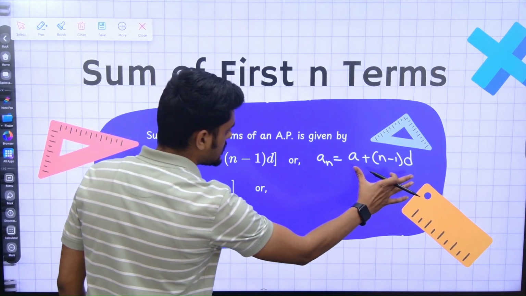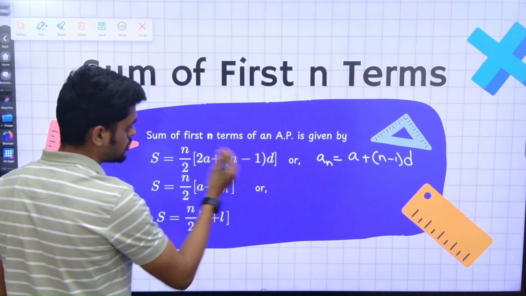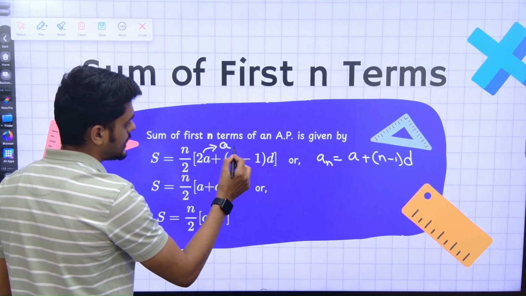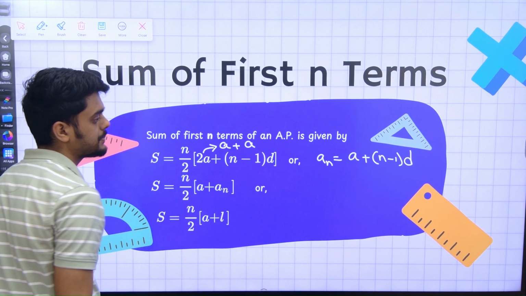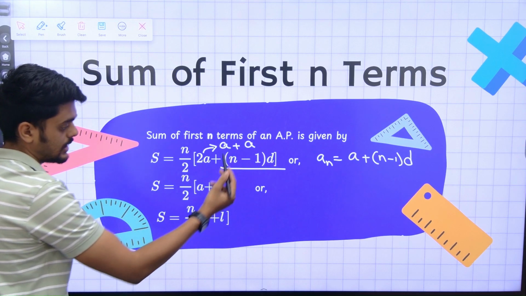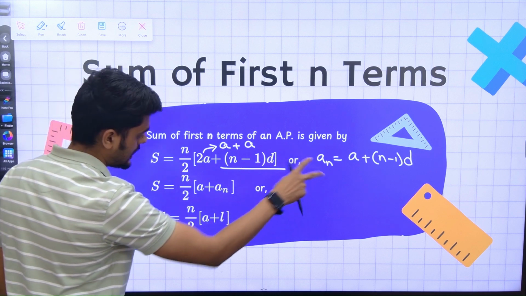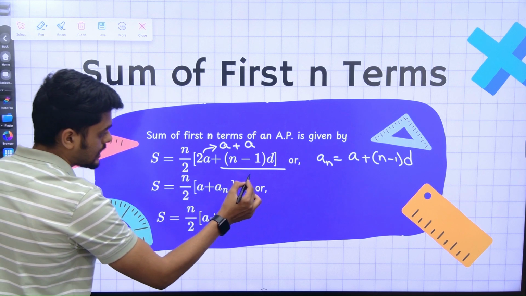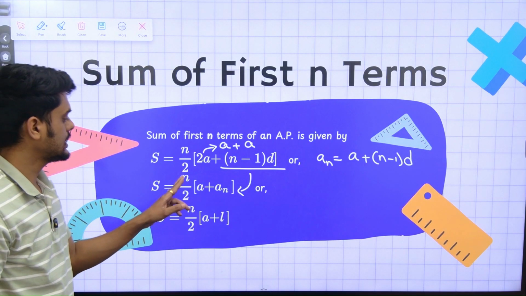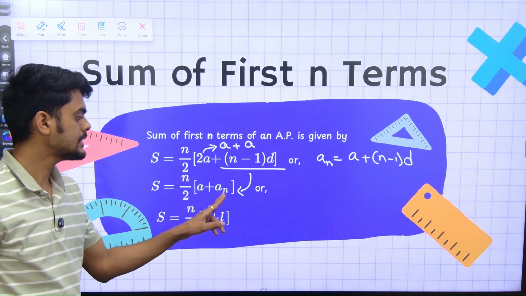Substitute this value. This 2a can be written as a plus a, and keeping one a and the rest as the nth term, we come to this formula: n by 2 into a plus nth term.